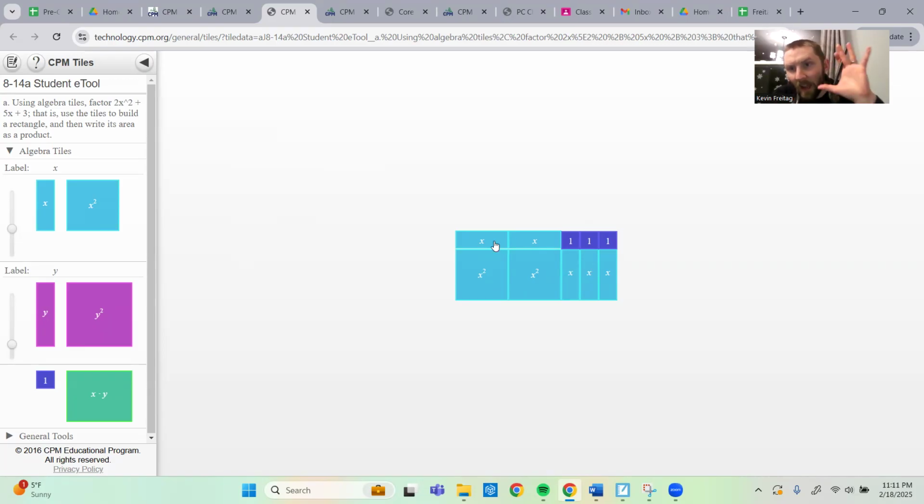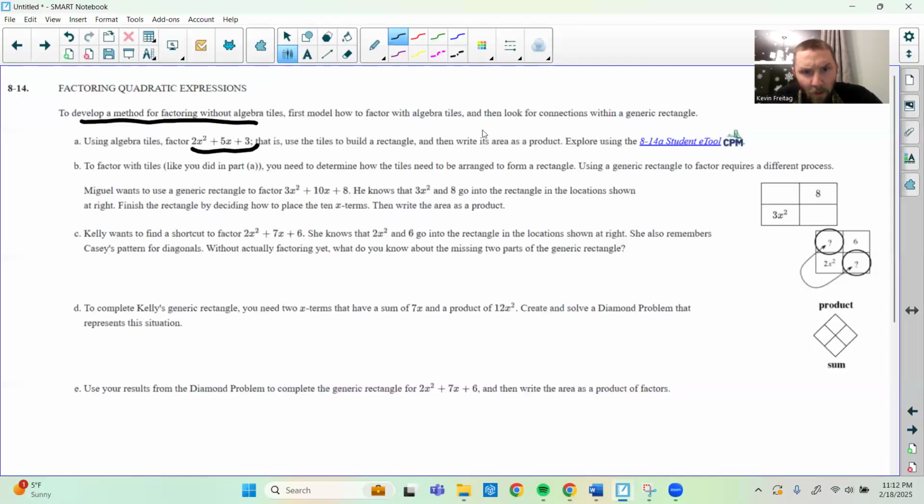It is the 5 x's that I've had to split up across the top and the sides of the x squared, so top left and bottom right. So the x squareds are together, the individual numbers are together, and the x's have gotten split up into 2 different groups.